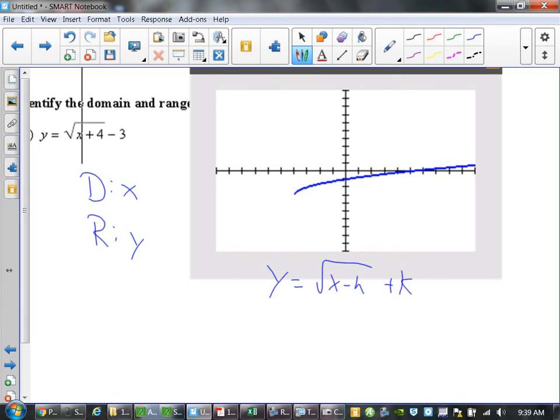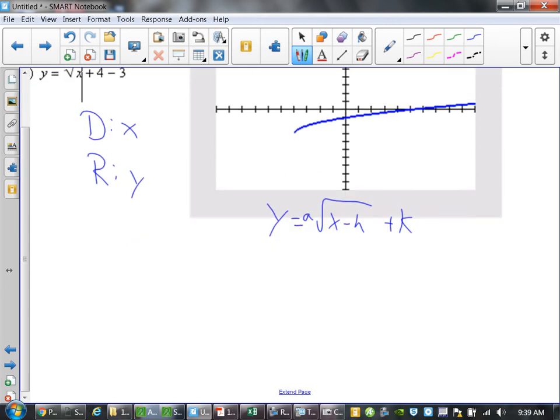The square root graph starts at the origin, just generic form-wise, because the square root of 0 is 0. The square root of 1 is 1, square root of 4 is 2, and so it's curving like this. That curve just moves by an h and a k.